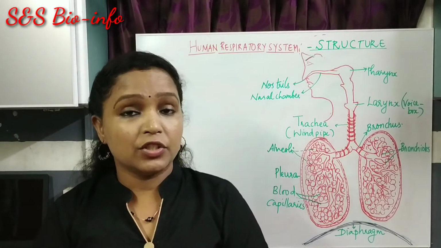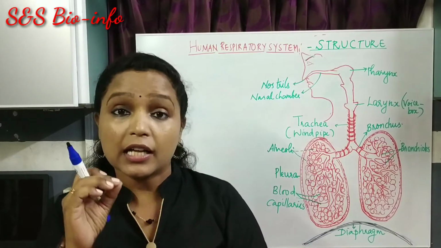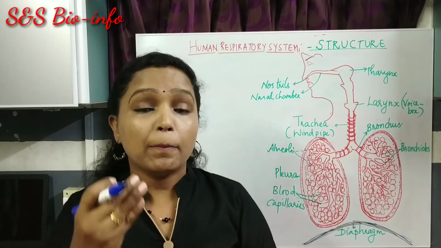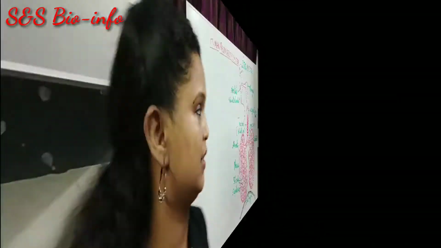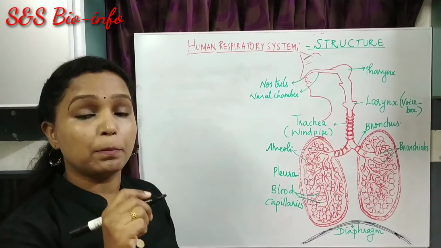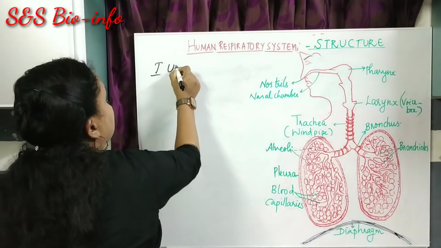The respiratory system consists of all the organs involved in breathing. It has mainly two parts, the upper respiratory tract and the lower respiratory tract. The first one is the upper respiratory tract.